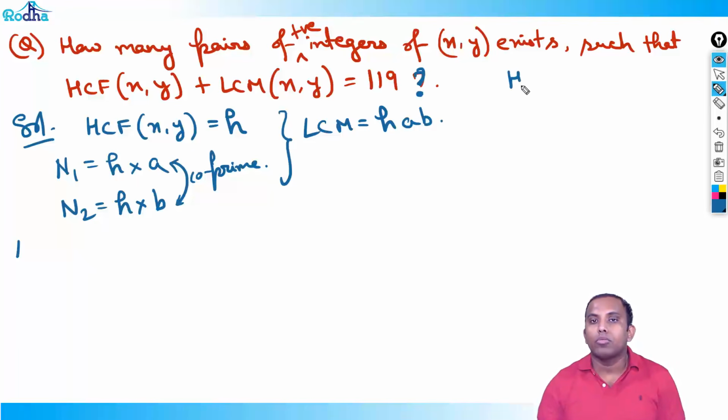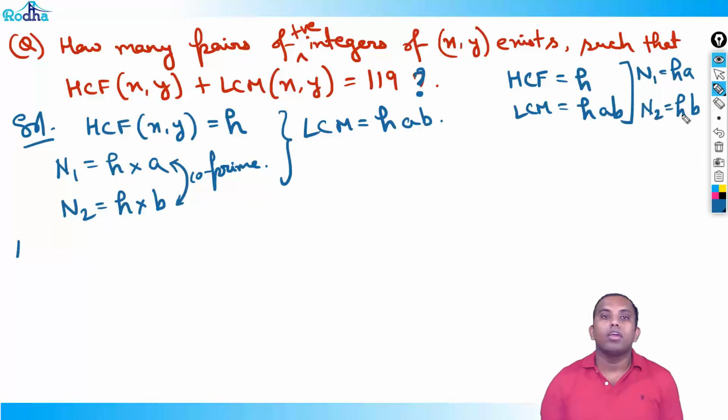HCF I assume to be h, and LCM is h into a into b. The numbers are ha and hb. So how many pairs of positive integers x, y exist such that HCF of x, y plus LCM of x, y is equal to 119?